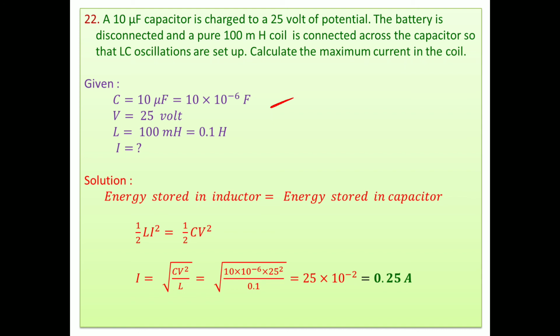After calculation, 25 square is taken outside the bracket. 0.1 means 100 into 10 raised to minus 4, and the square root of 10 raised to minus 4 is 10 raised to minus 2. So 25 into 10 raised to minus 2, or you can take 0.25 ampere. This is your final answer.